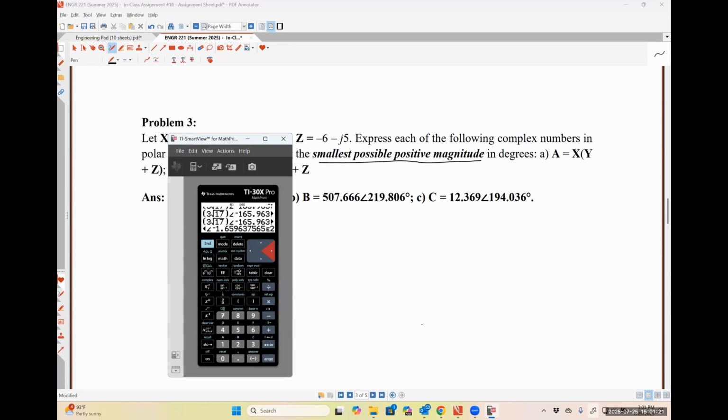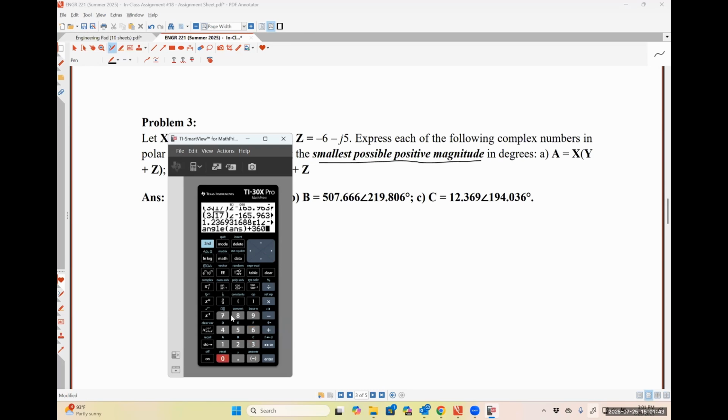So how I'm going to fix that part is I'm going to press second, complex. I'm going to choose option 2, which is going to return the polar angle of whatever I'm interested in. So the polar angle of my previous answer plus 360 degrees.